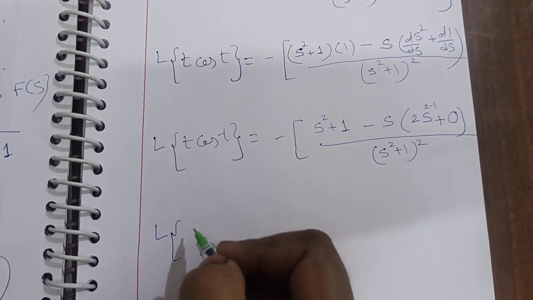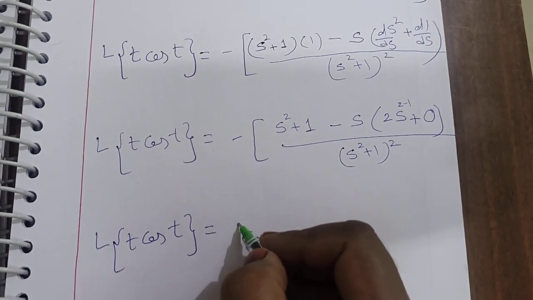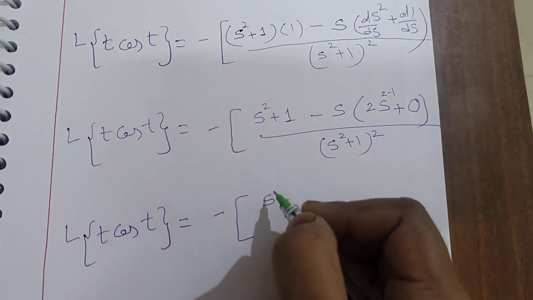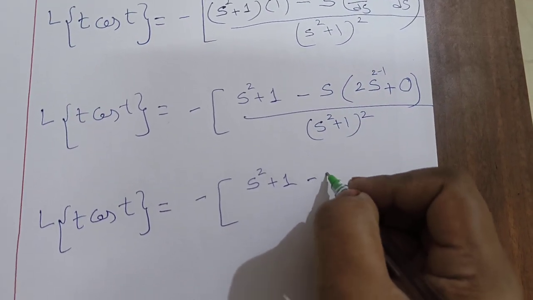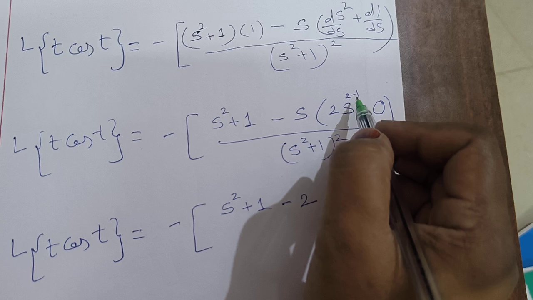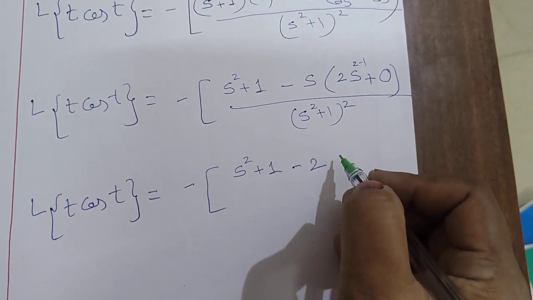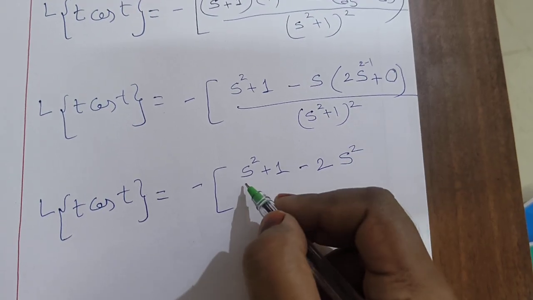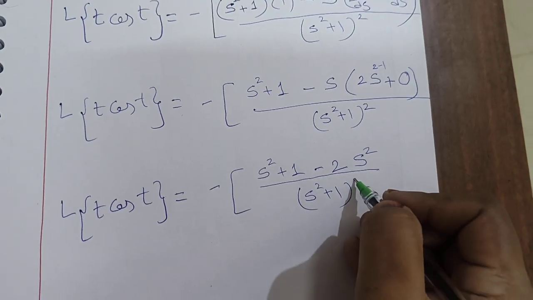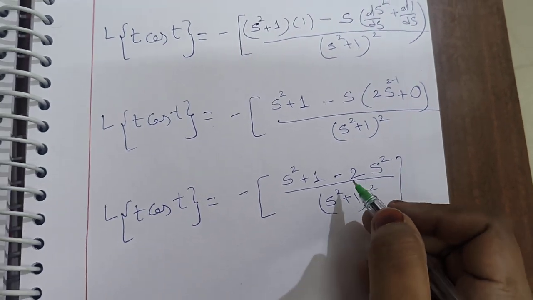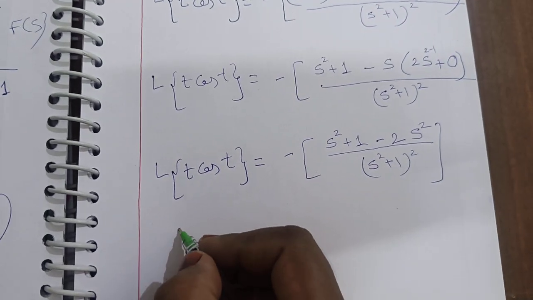Now L of t cos t is equal to minus of s square plus 1, plus, minus into minus, 2 s to the power of 2 minus 1, which is s. s into s becomes 2s square, by s square plus 1 whole square. Now 2s square minus 2s square plus 1 s square is minus s square.